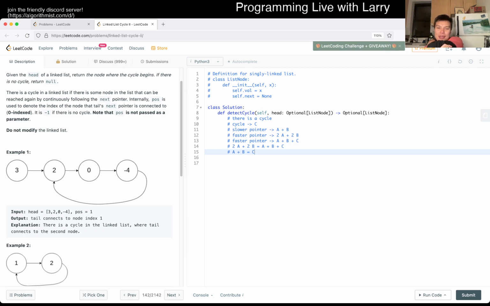If we have a second fast pointer, where do they meet? I guess I was a little bit lazy. Not lazy. I just don't know how to do that one. Right.